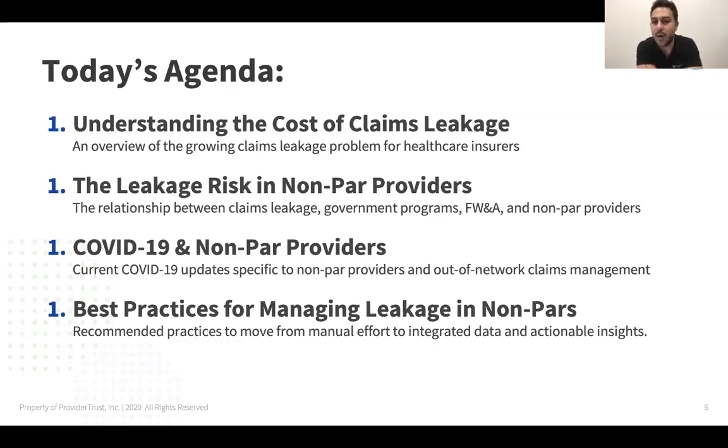COVID-19 and non-PARs and the relationships and some of the trends that we have seen given our unique positioning in the industry on the relationships between the two. And then lastly is best practices for managing leakage in non-PARs. We'll leave you with a couple of to-dos, a couple of things to take away from today's session. So excited for a good one. With that, let's dive in.